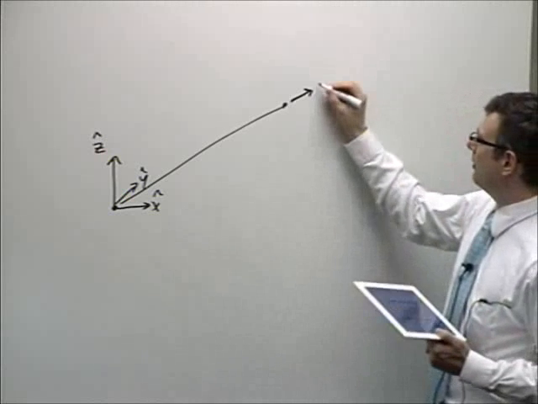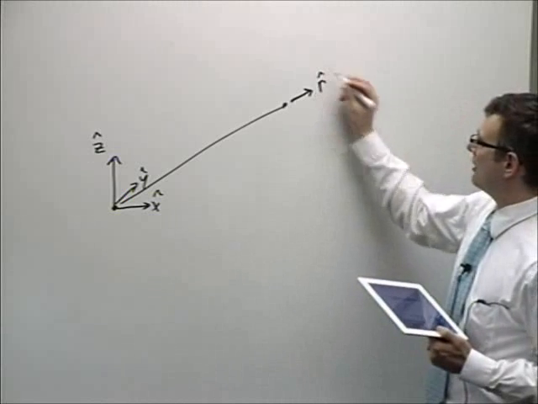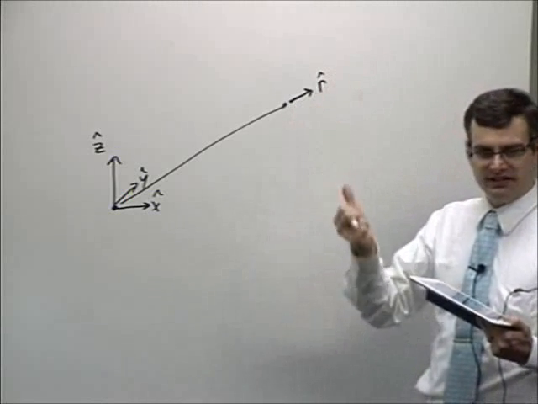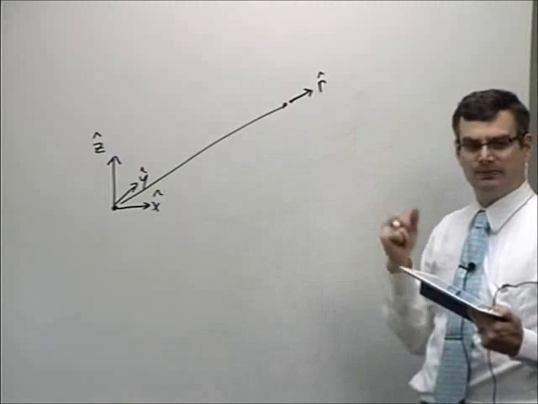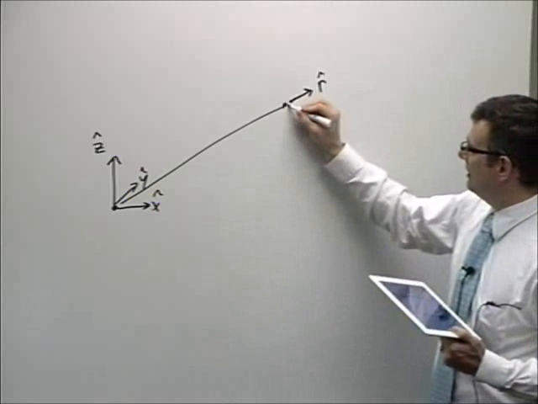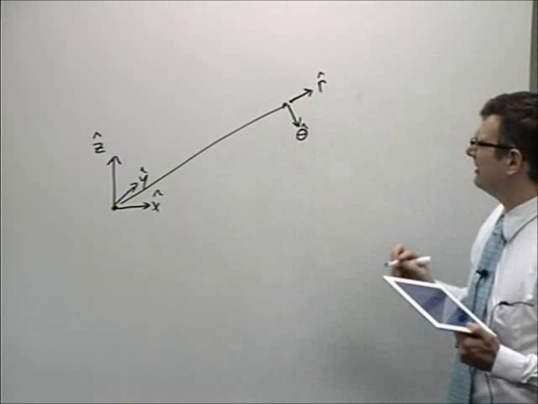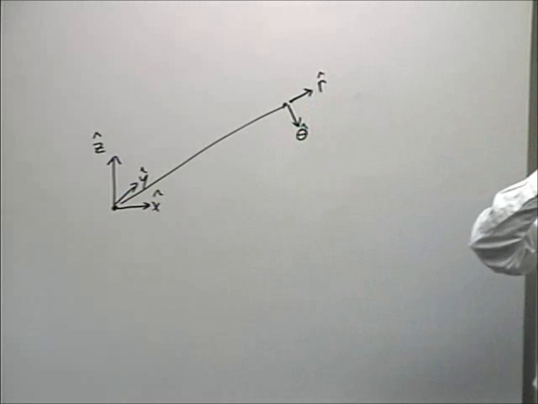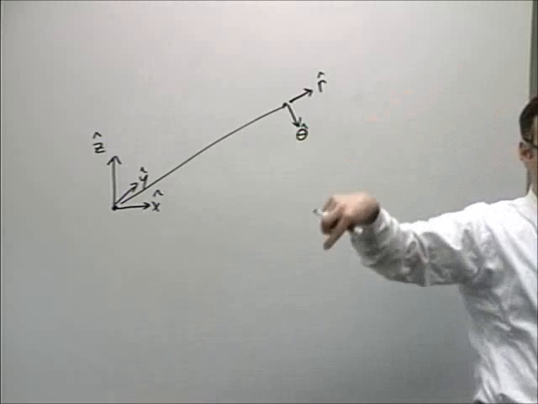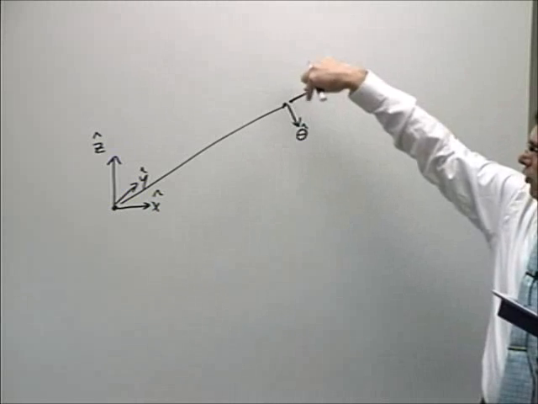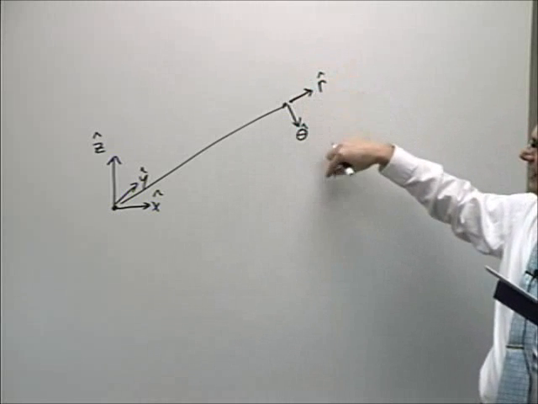So for example, the unit vector r hat always points in the direction away from the origin, basically in the direction of increasing r. There is a unit vector theta hat which points in increasing theta, which would be measured away from the z-axis. That's why it's going downward.